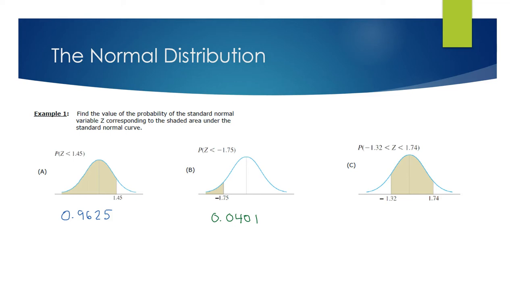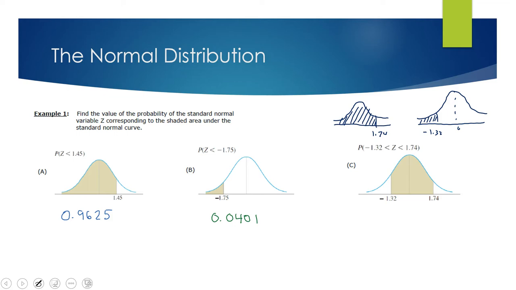In this circumstance, I can think of it as having two circumstances here. I can find the probability of being less than 1.74, which I expect to be bigger, and the probability of being less than negative 1.32. Remember, in a standard normal distribution, the mean is 0.